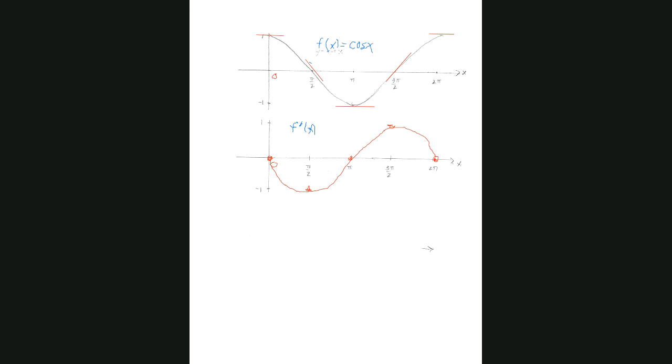And so f prime of x does equal negative sine of x. If you take the sine of x and flip it, okay, in trigonometry you learned how to take trig functions and then negate them.